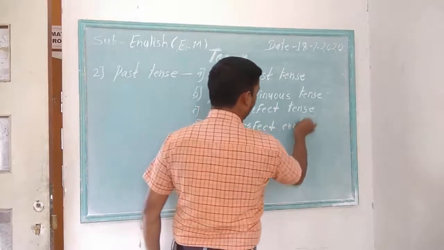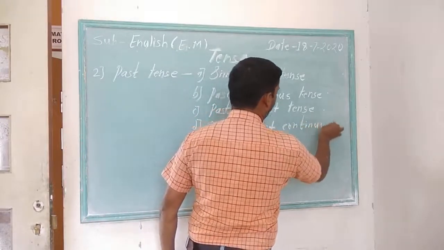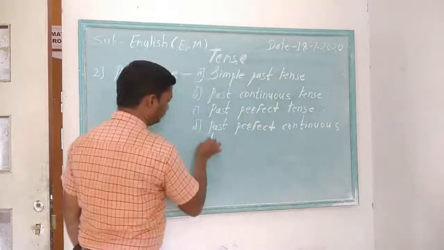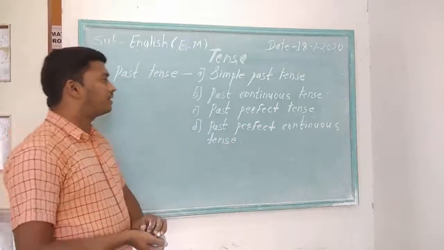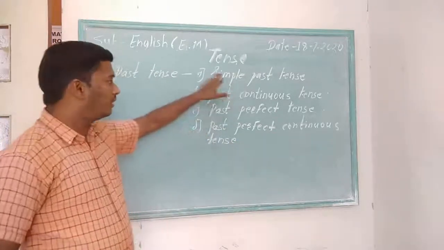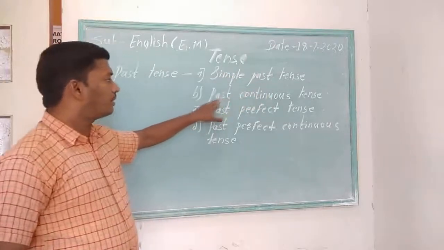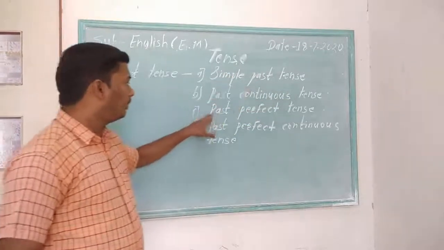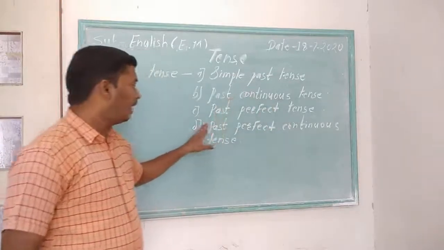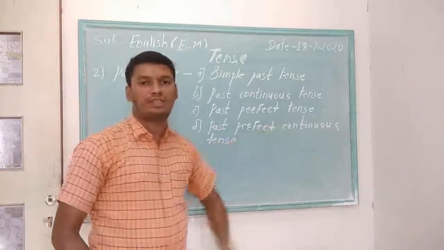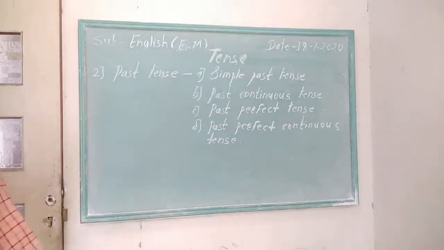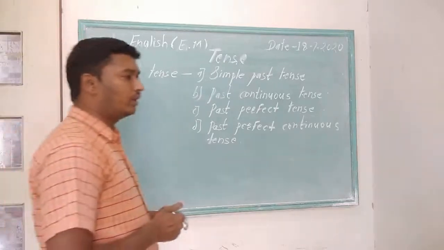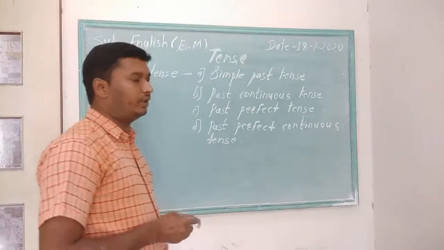These are the 4 subkinds of past tense, like present tense: simple past tense, past continuous tense, past perfect tense, and past perfect continuous tense. Right? First, we have to learn all subkinds one by one.